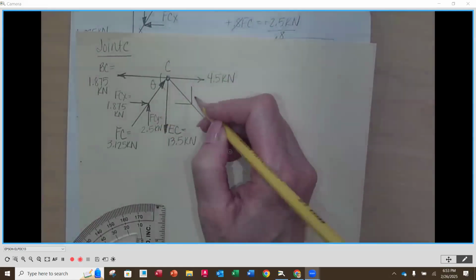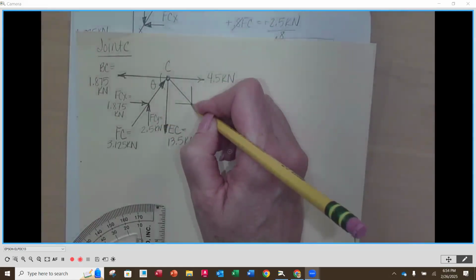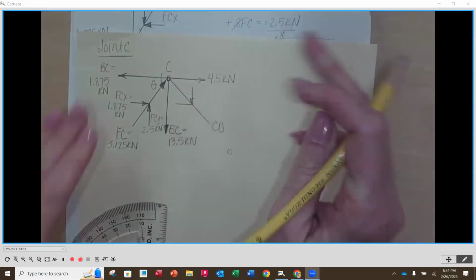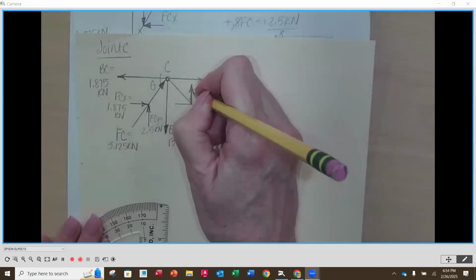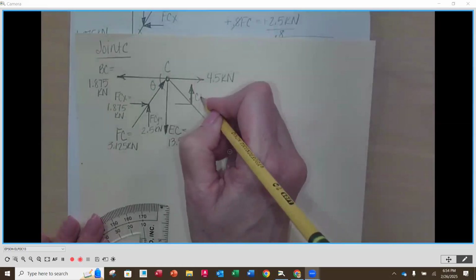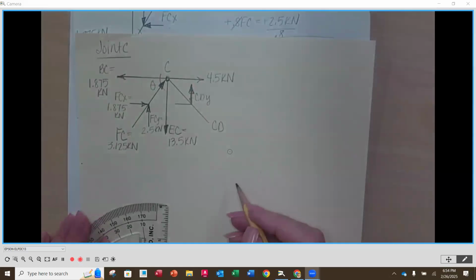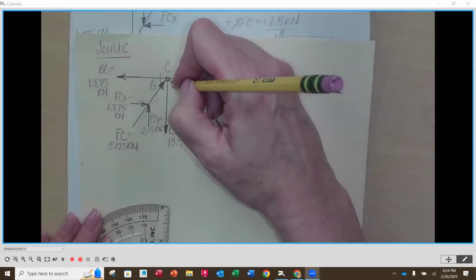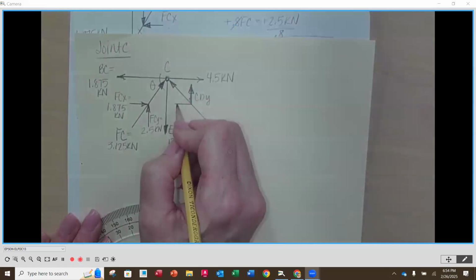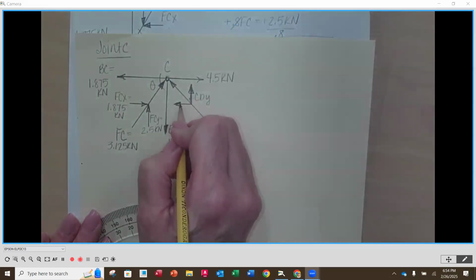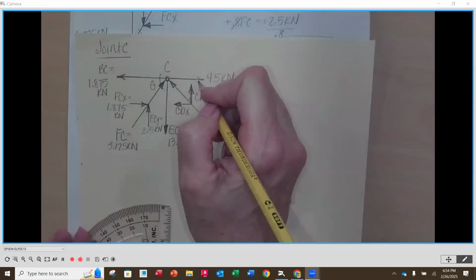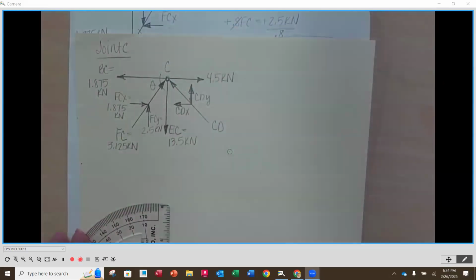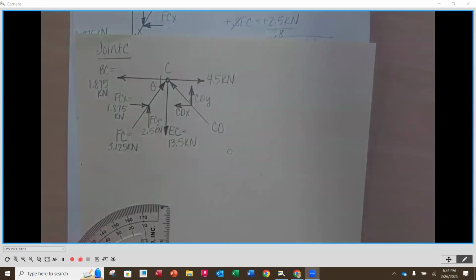So it would seem that our Y should go up. So this is going to be our CDY. This is going up. That means that CD is going to go up and to the left. So it's going to have an X component that's going to go to the left. That's how I'm going to assume it for right now, but we'll see how it all works out. Looks like it's going to be okay.